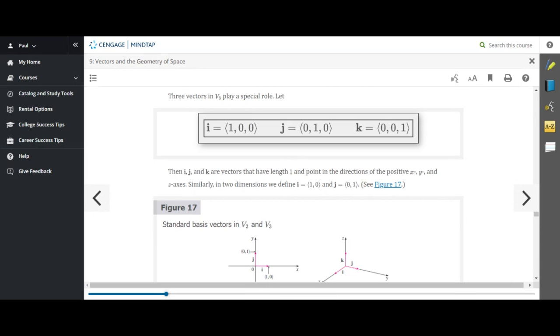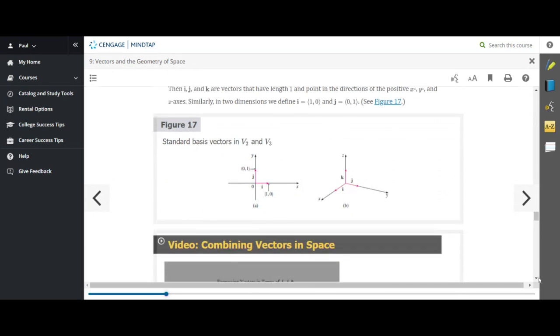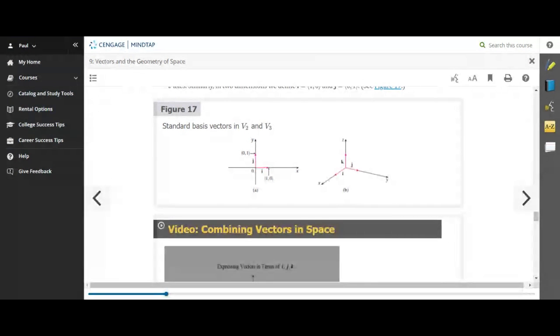And you notice, and Ara's seen that, yep. You see i, j, and k are in bold. They're in bold, so they're vectors. And here's a picture of these standard basis vectors.